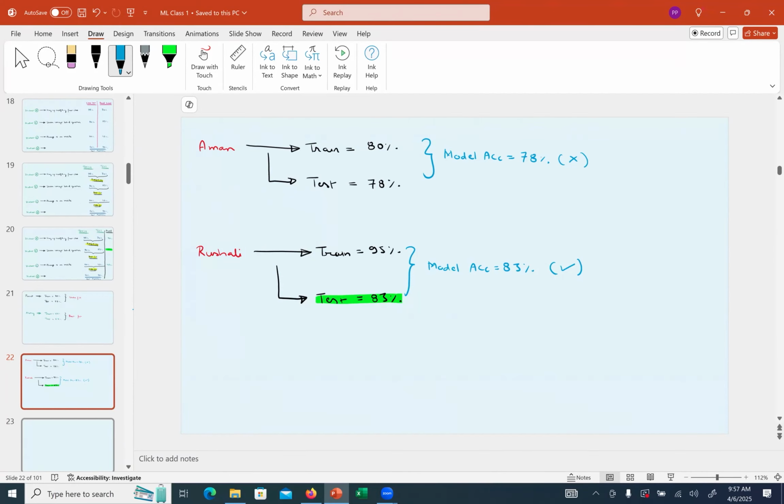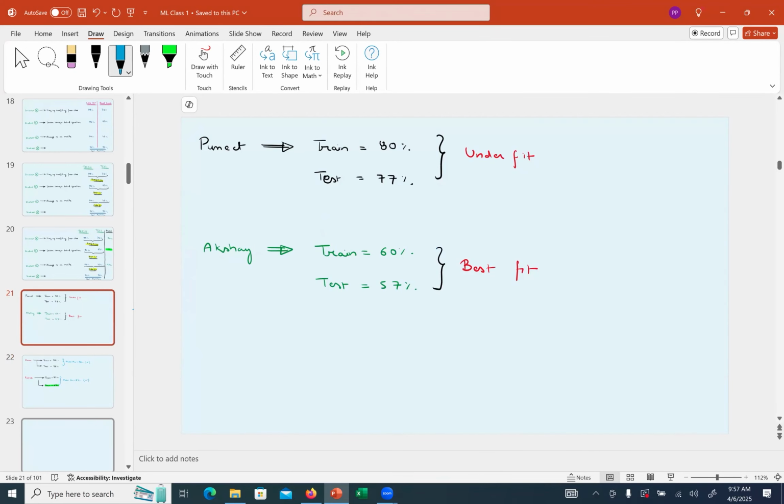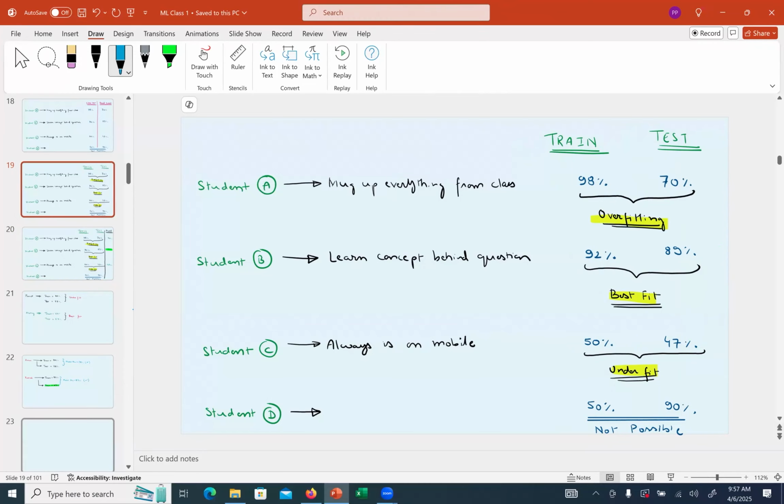So I need to work almost twice as hard so that he can start performing better, both in the class test and in the board exam. But when it comes to Rushali's case, she is already performing better in the board exam as compared to Aman.